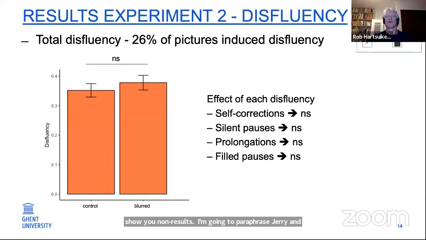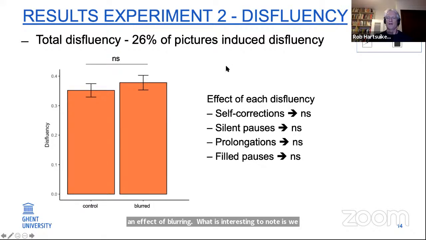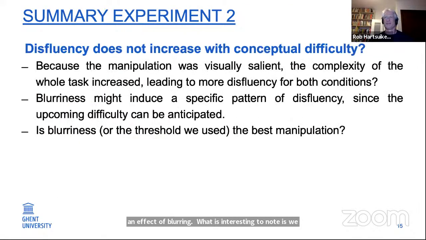There's no effect of blurring on disfluencies overall. And then when we look at individual types of disfluencies, none of them showed an effect of blurring. What is interesting to note is that we had a much larger number of disfluencies overall across the board in this experiment. So what's going on here?